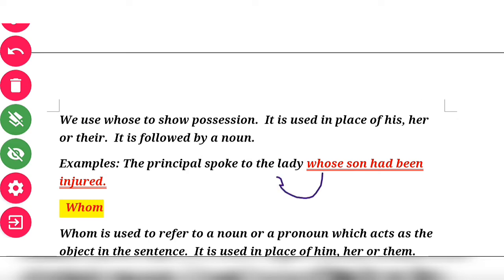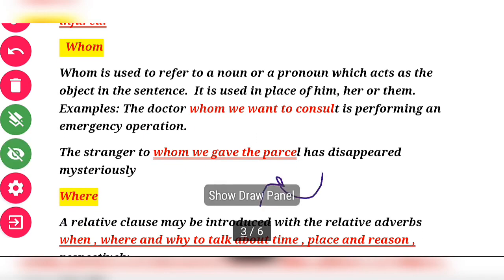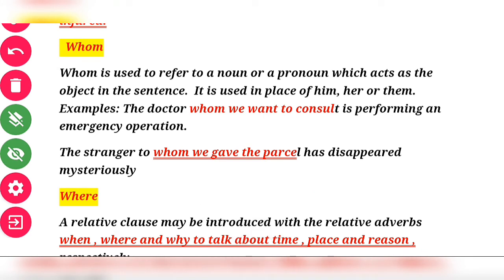Clear. Now the next is whom. Whom is used for a noun or pronoun which acts as an object in a sentence. It is used in the place of him, her, or them. It is used as an object in a sentence, not a subject.